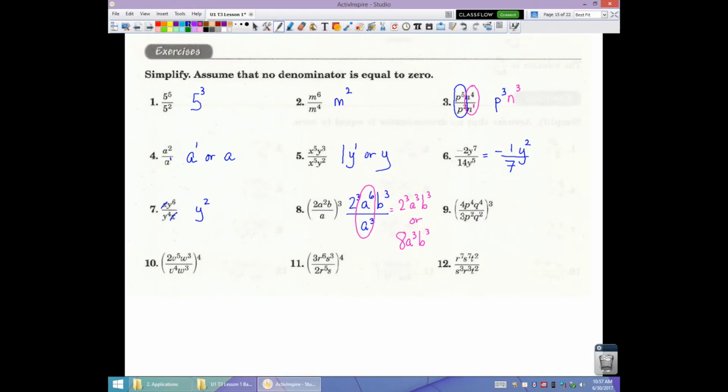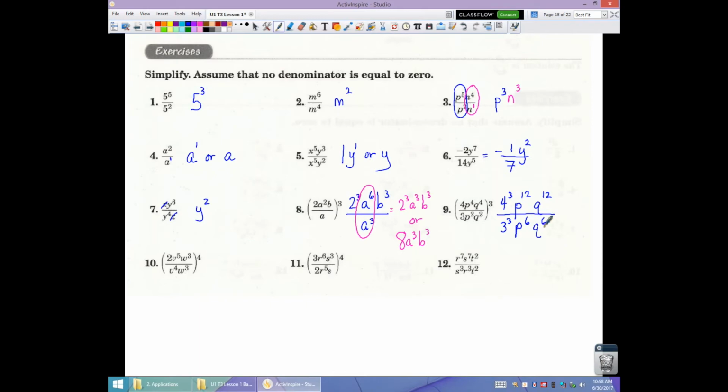Number 9. Again, the exponent applies to both the numerator and the denominator. So 4 to the 3rd, p to the 12th, q to the 12th, divided by 3 to the 3rd, p to the 6th, q to the 6th.